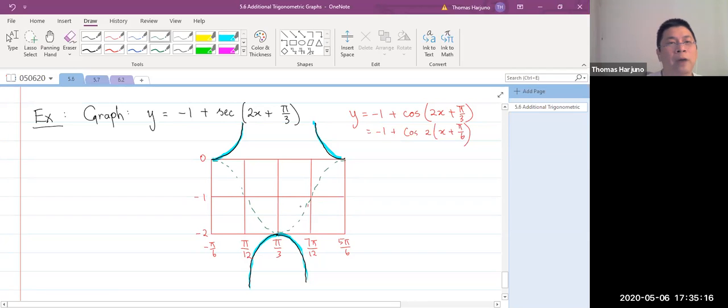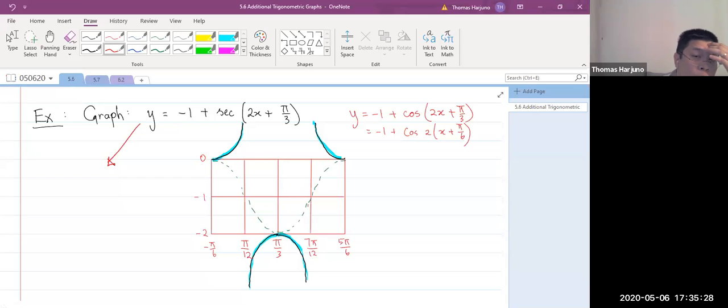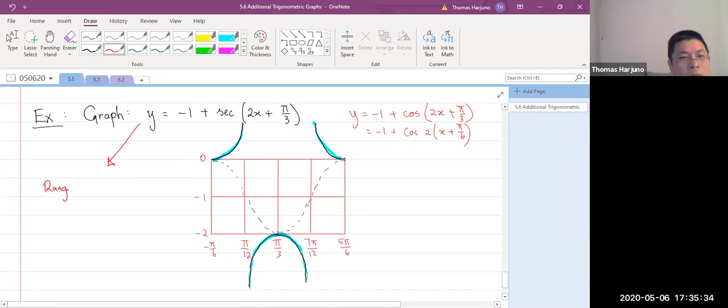Now, usually if I give you this function, instead of asking you to graph it, which takes some time, though you need to know the graph especially when you go to calculus 2, I usually ask you the question of range. So find the range here.